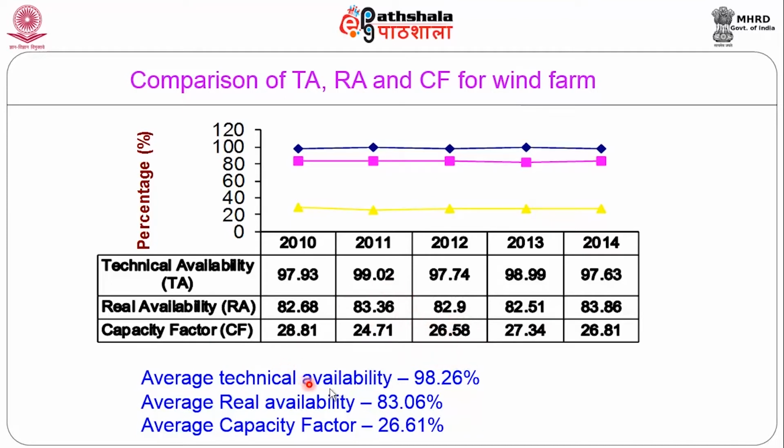The average technical availability in the Muppandal area is 98.26 percent, average real availability is 83.06 percent, and average capacity factor is 26.61 percent. This seems to be a good site.